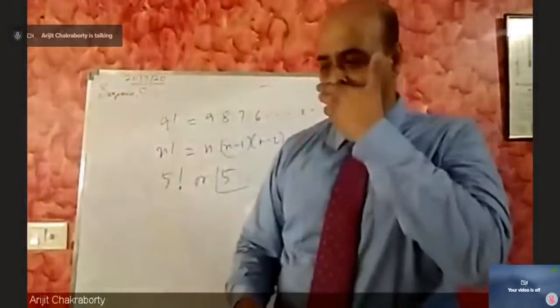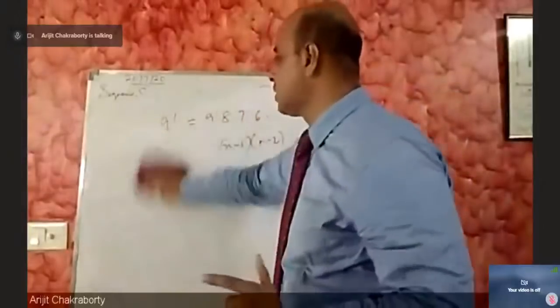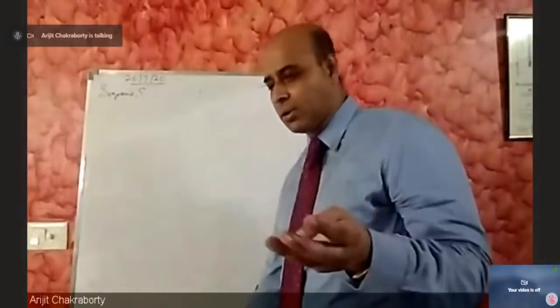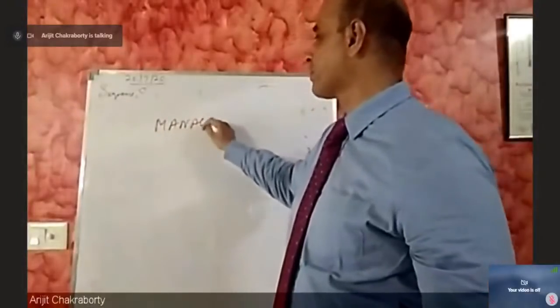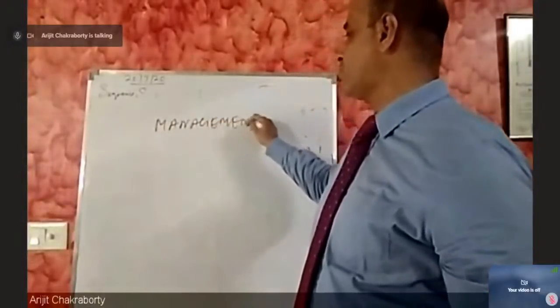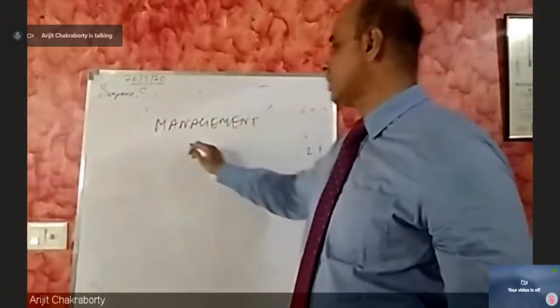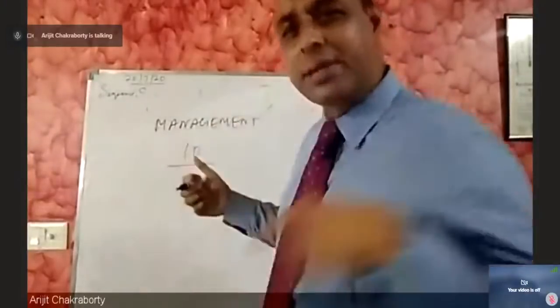Now there was a question on management. There was a permutation problem where the word management was written. Some of our friends, Rajal Gupta, Rahul Kumar, Utkarsh from Lucknow, have asked about how we did it. Once again, the word is management. So we have 10 letters, and multiple letters are repeating.